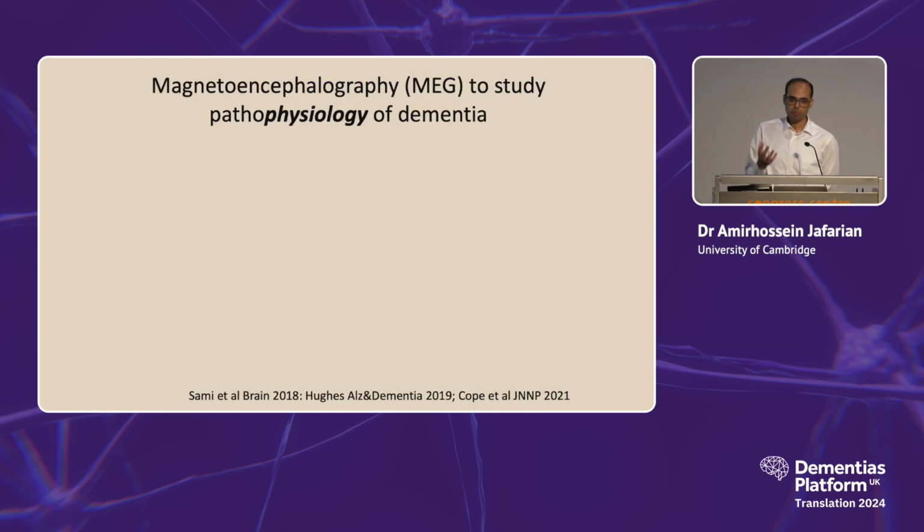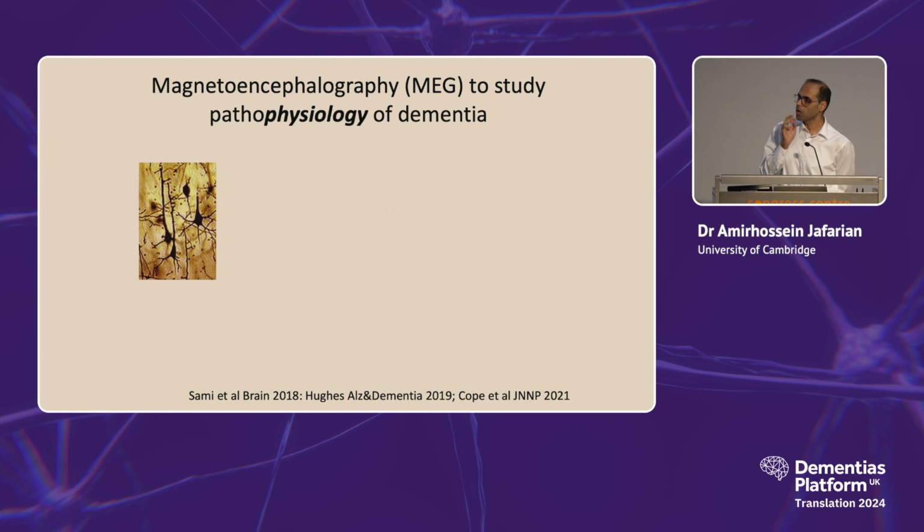To set the stage, I should start with a little bit of background about MEG, or magnetoencephalography, to study the pathophysiology of dementia. As we all probably know, neurons generate an electrical field, and this can be captured by the so-called EEG device. And this is pretty cool.